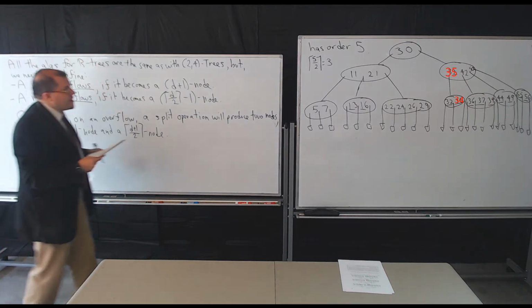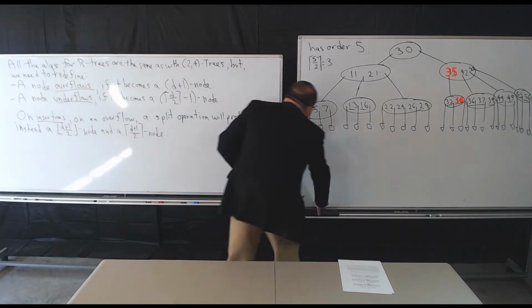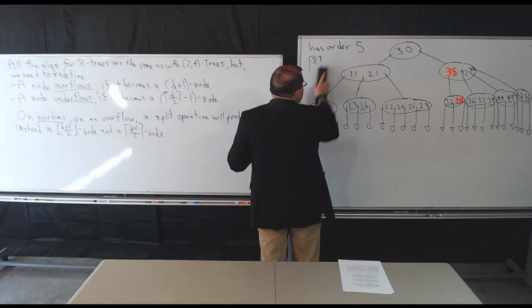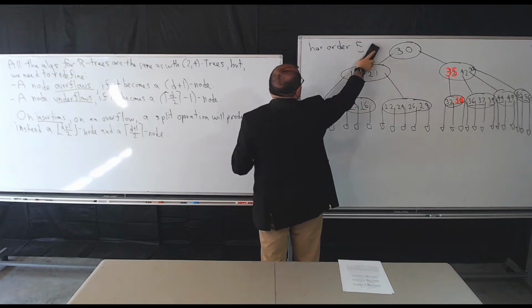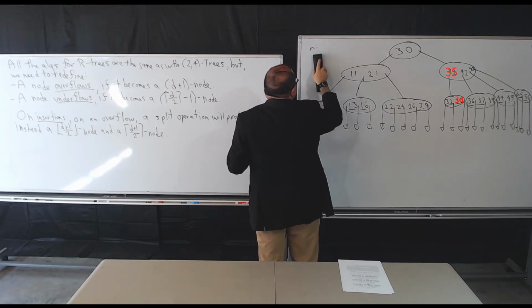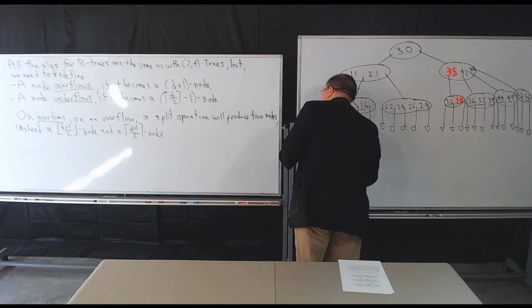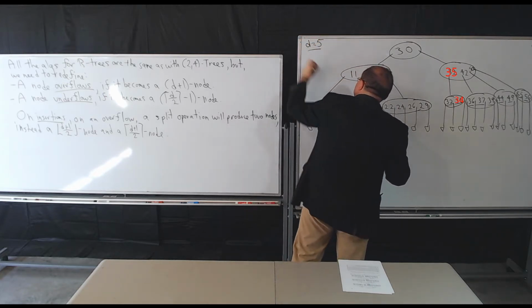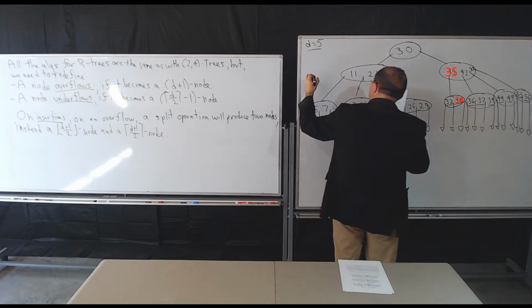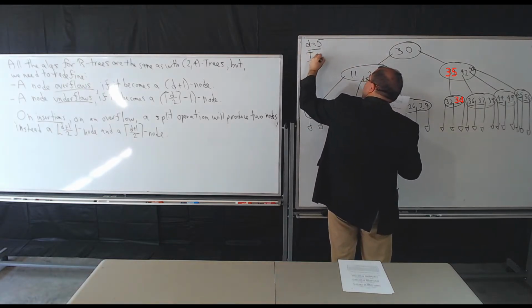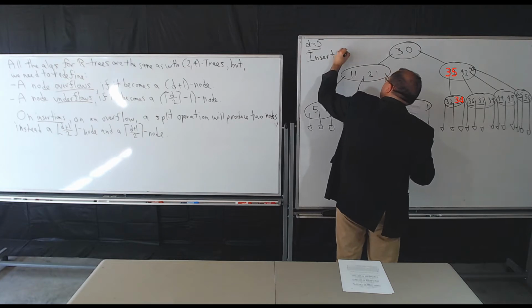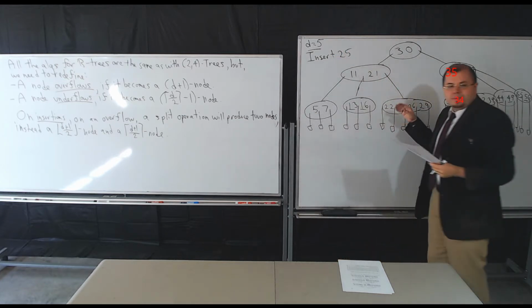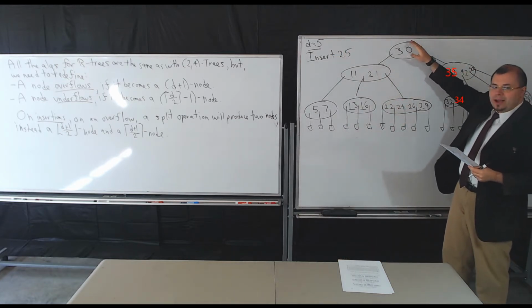So let's do an example. I'm going to attempt to insert 25 into this B tree of order 5. So just remember, here, D is equal to 5. What's the first thing I do? I start up at the root and I work my way down.